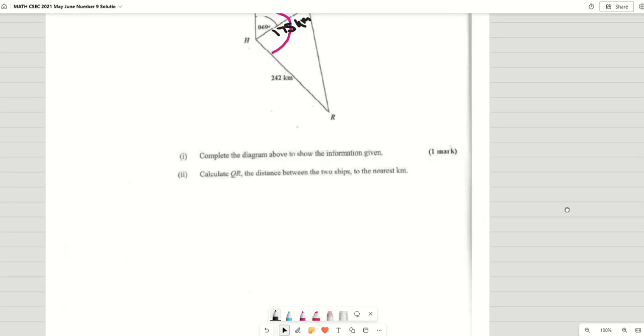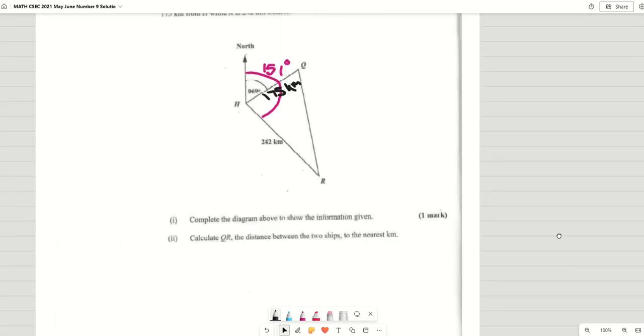So when doing this question, first off, you know that if they are asking for this line, the length of this line, and this is a triangle, it's not a 90 degree triangle, so you're going to use sine rule and cosine rule. Now before you use that, you need to have an angle that is inside your triangle.